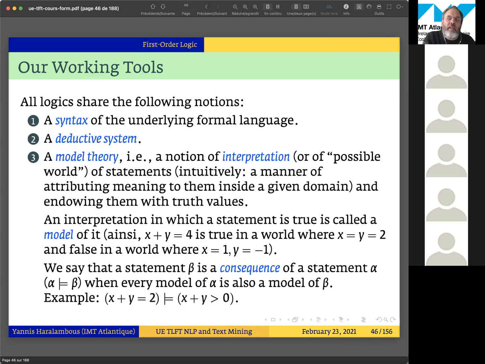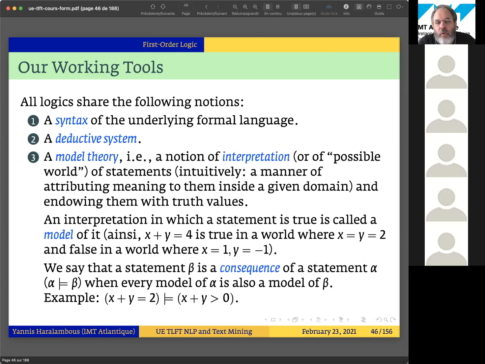Once I have interpreted it, so once I have chosen a domain and I have interpreted what P is and what X is, then potentially I can say in this interpretation, the formula is true or the formula is false, or the formula may be true or false depending on some factors. So the notion of truth lives only in interpreted formulas, in interpretations, in domains.